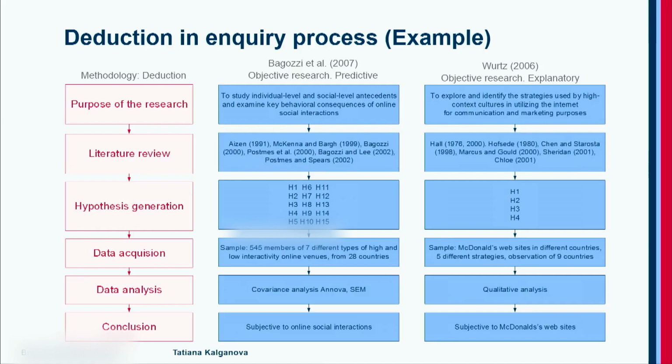Bagozzi et al.'s paper was published in 2007. The aim of this paper was to study individual-level and social-level antecedents and examine key behavioral consequences of online social interactions. When we started to look at our literature review, we had a very good distribution of the years.